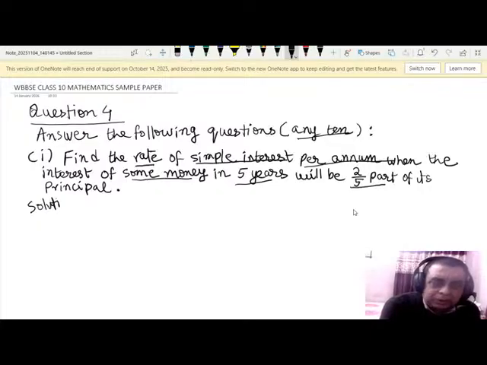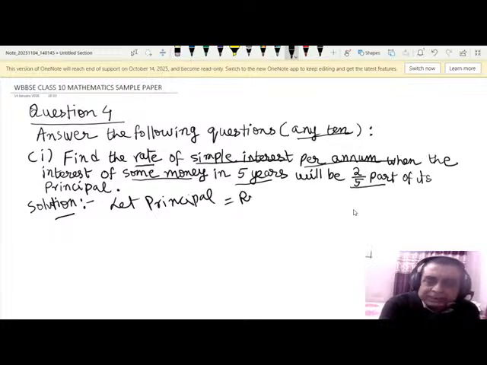Now please pay attention. Let the principal be P. Let the principal amount be rupees P. So the simple interest will be how much? SI denotes simple interest.